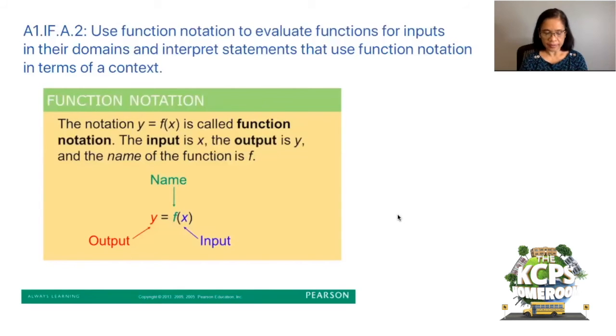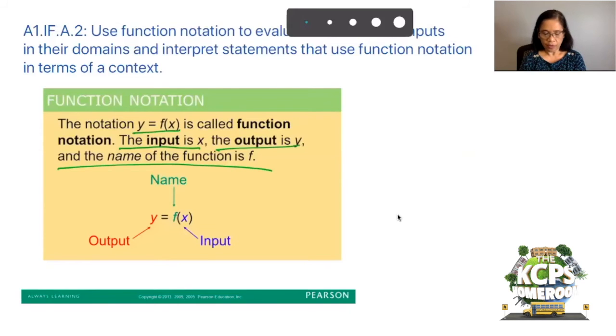Okay, let's start. When we say function notation, we have the notation y is equal to f of x, wherein x is the input, y is the output, and the name of the function is f.